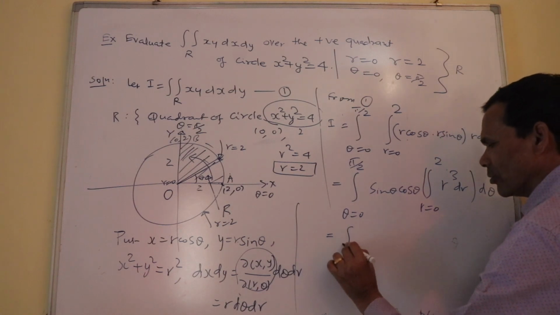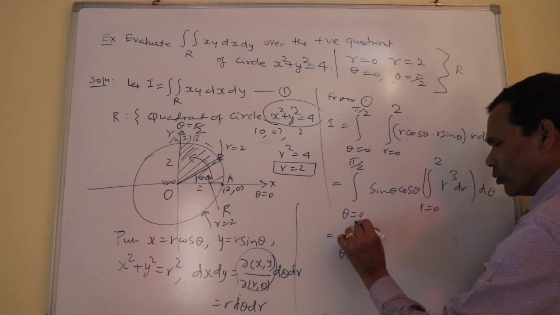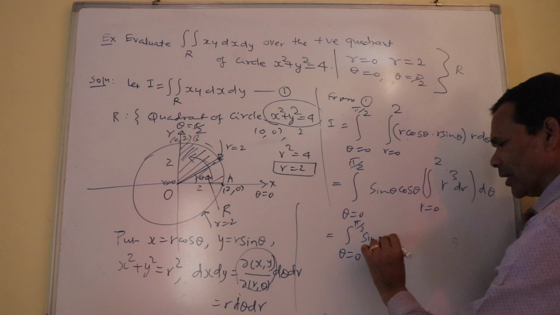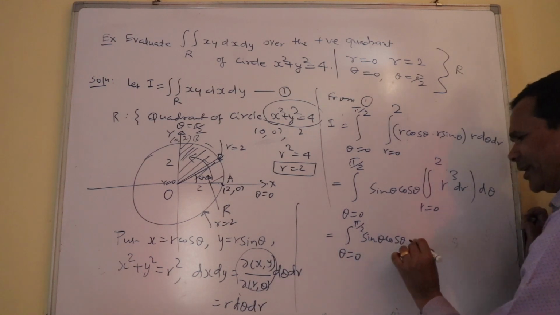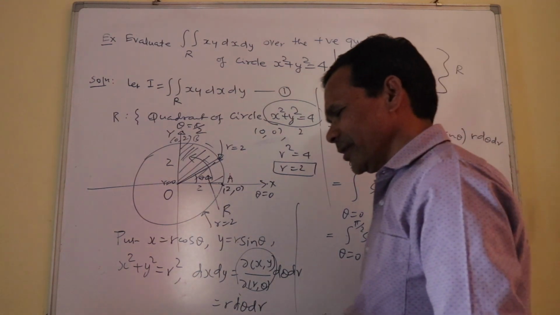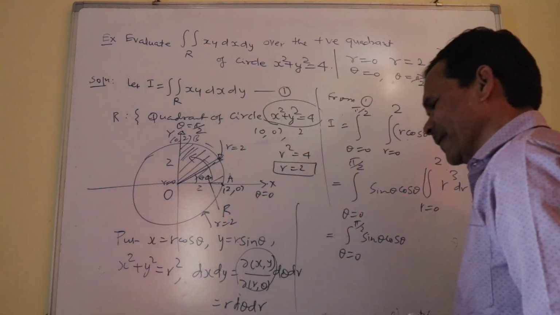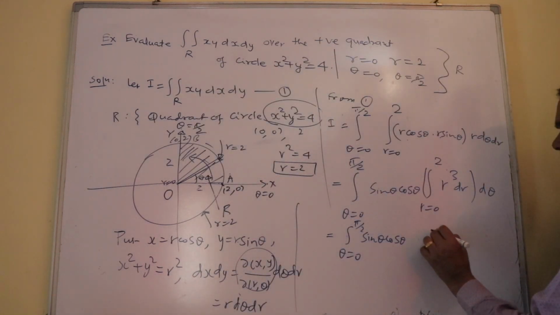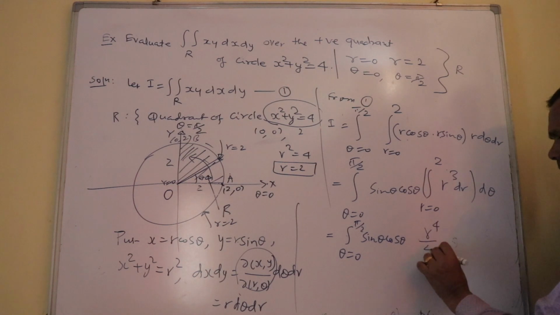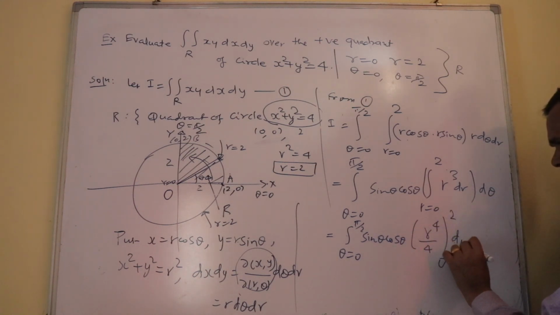So this is equal to integral theta from 0 to pi by 2 of sin theta cos theta, and integration of this is r raised to 4 divided by 4, with limits applied 0 to 2, d theta.